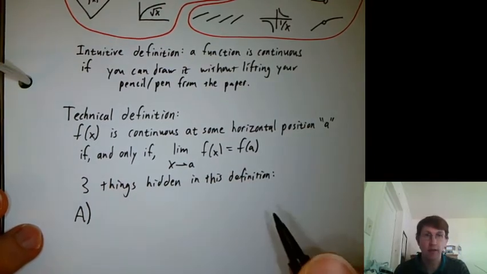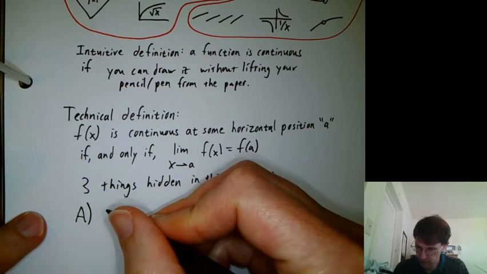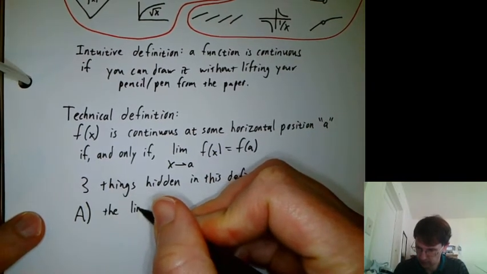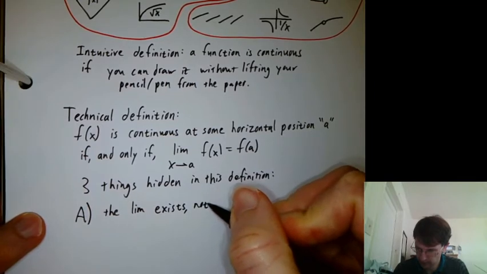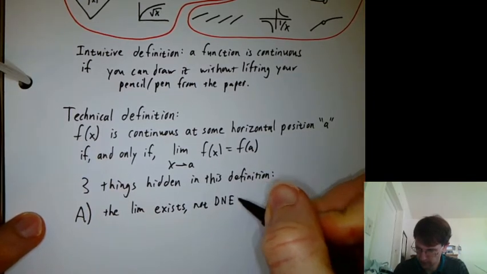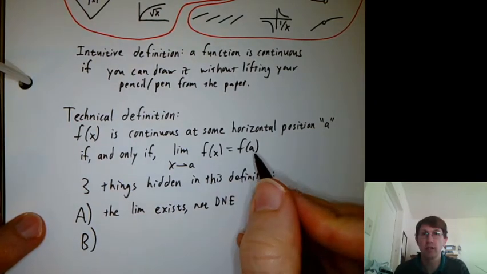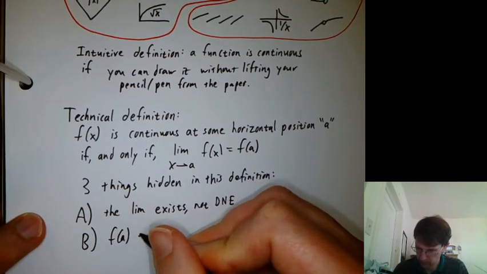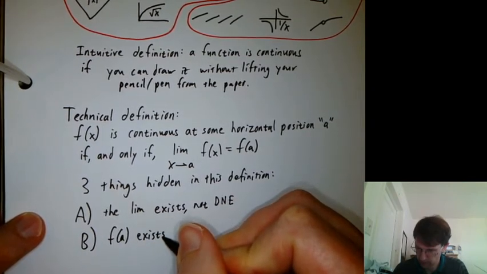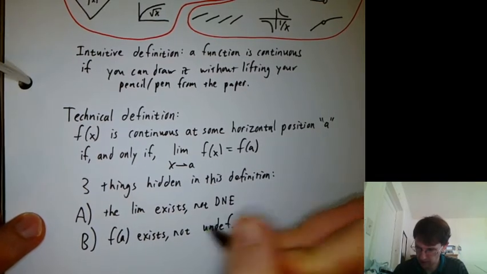One thing that's hidden here is that, part A, the limit has to exist. Part B is that the function value at A has to exist, not being undefined, for example.